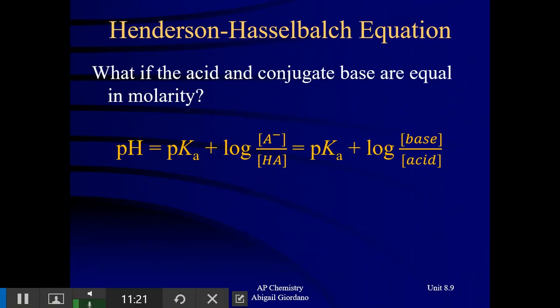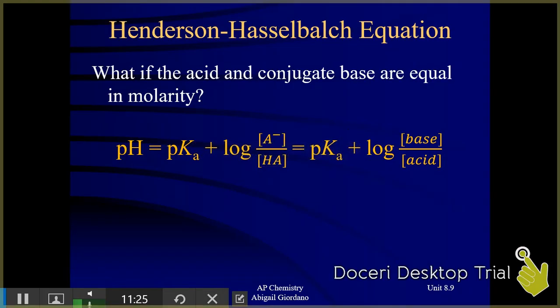Now, if you look at this Henderson-Hasselbalch equation here, I want you to imagine that you're dealing with that lactic acid buffer system that we were just looking at a minute ago. And imagine that the molarity of the acid and its conjugate base are the same. This fraction then is going to come out to be 1.